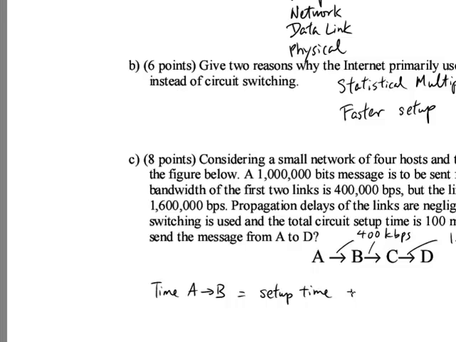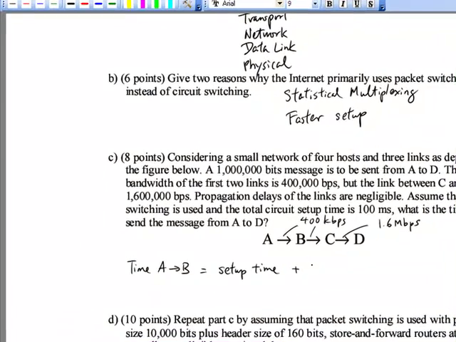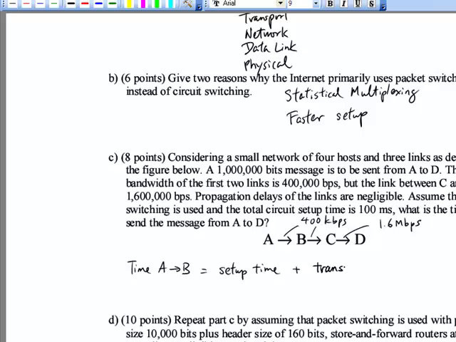In this case, there's no queuing delay because it's circuit switching. The problem doesn't mention the nodal processing delay, so we assume that it's negligible, and so is the propagation delay. So the only one that matters here is the transmission delay.